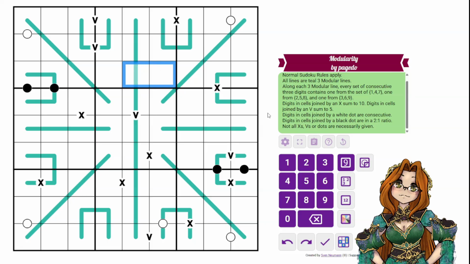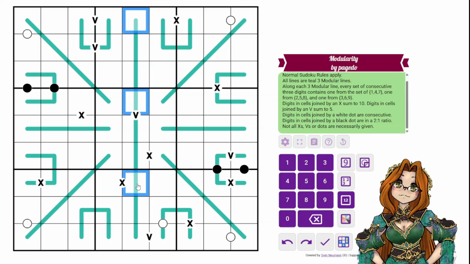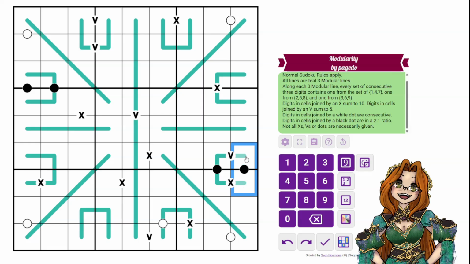Now let's jump right in. The first thing I see are these little squares, because they are quite marked up. So we know that every 3 cells on a modular line is going to be the same group, which means that these are in the same modular group, and they are in a 1 to 2 ratio.